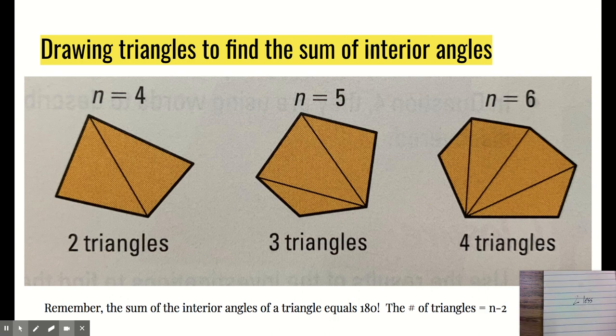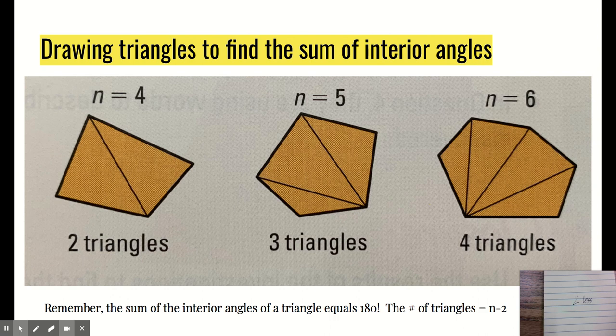Okay, so you notice in the first one, we have 4 sides and we can draw 2 triangles inside of it. Now you don't want any of your triangle lines to cross in there, so you'll notice that we just have the maximum number of triangles that we can draw inside each of these. So if we have a 5-sided figure, we can draw 3 triangles in it. If we have a 6-sided figure, we can draw 4 triangles.